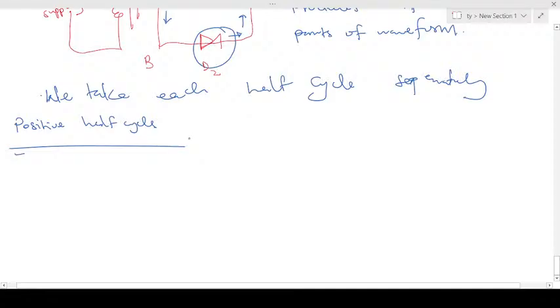Now in the positive half cycle of the full wave rectifier, diode 1 is forward biased, and diode 2 is reverse biased.